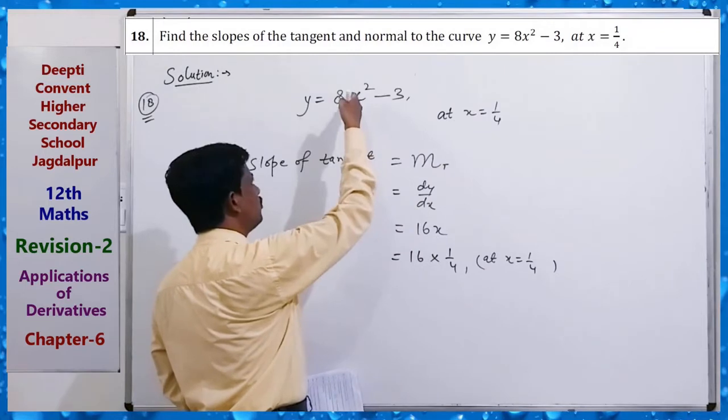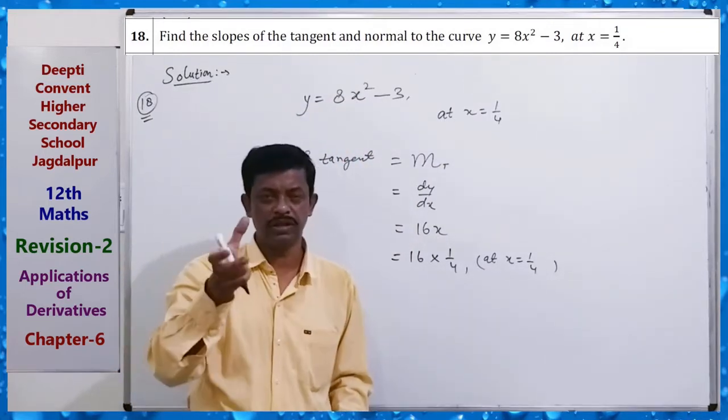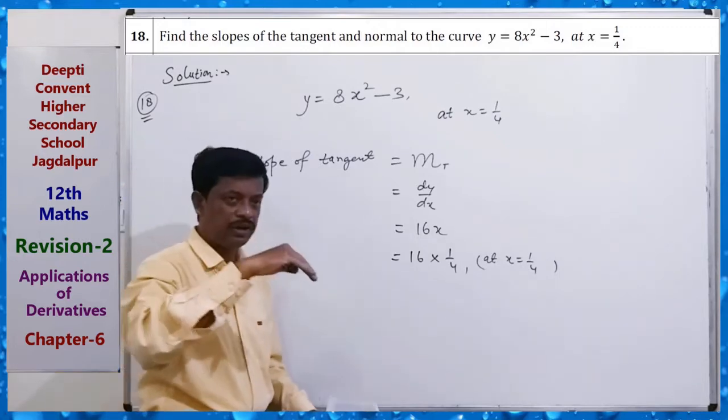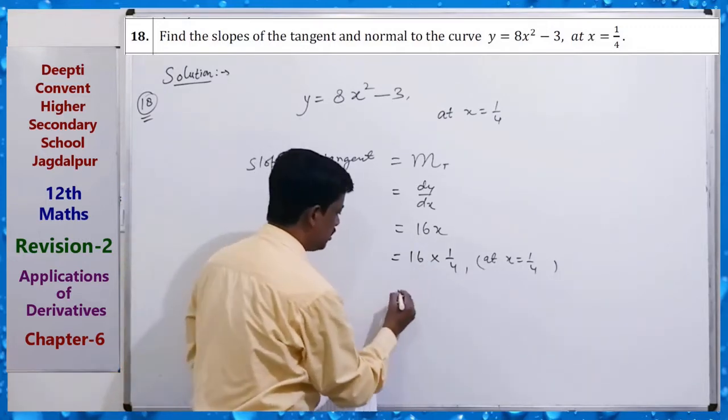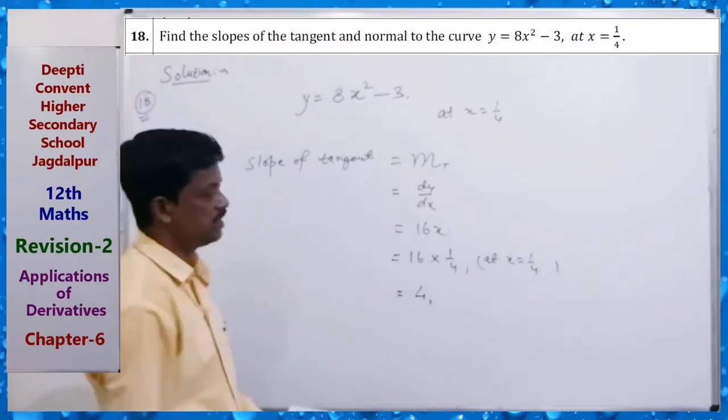Put x equal to 1 by 4 in the curve and you can get the value of y, that is the point x, y, which will be the point of contact. At that point, the slope of the tangent is 4.